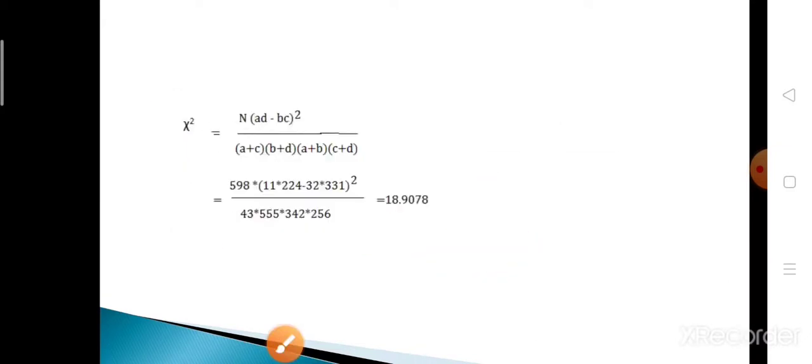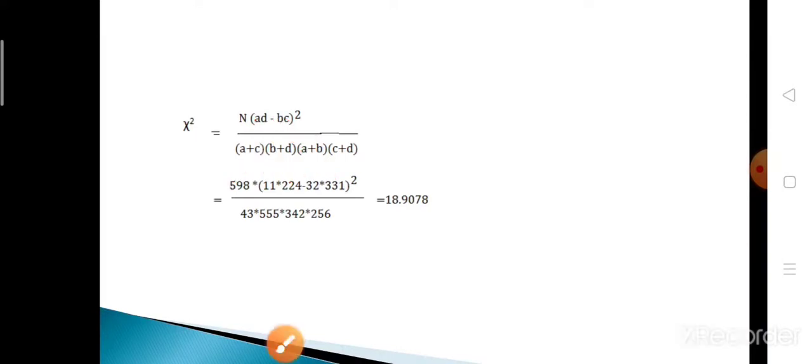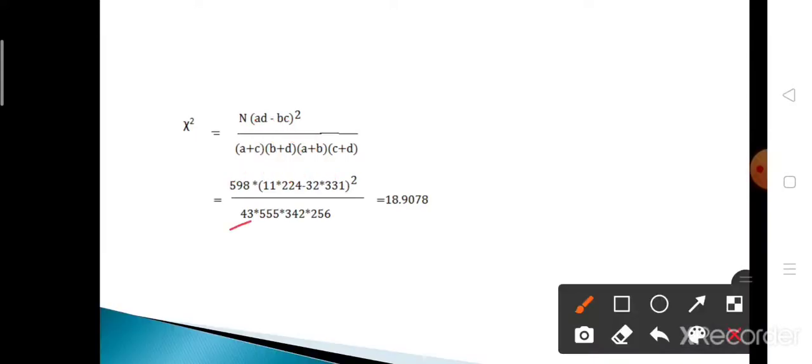So capital N is 598, A value is 11, D is 224, B is 32, and C is 331, and its square divided by A plus B value 43, C plus D 555, A plus C 342, B plus D 256.